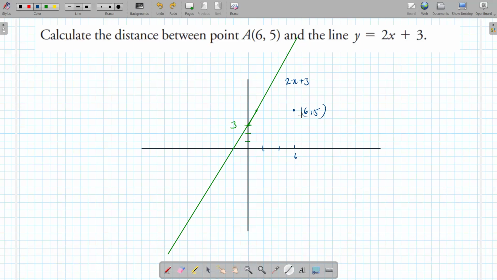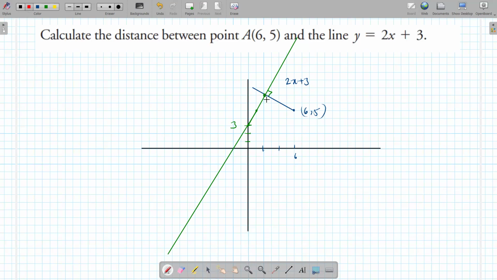So we need to find, again, I can't be super precise here, but we need to find this distance here. In other words, we need to find this point where this angle is 90 degrees. Step 1, we find that point.